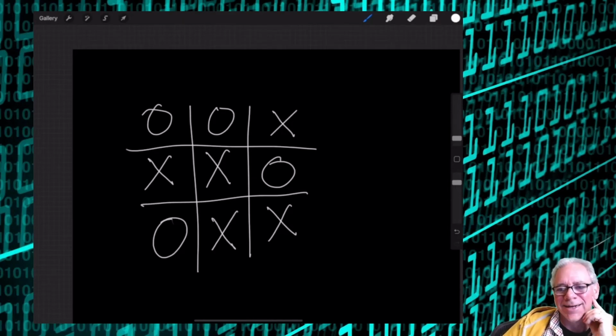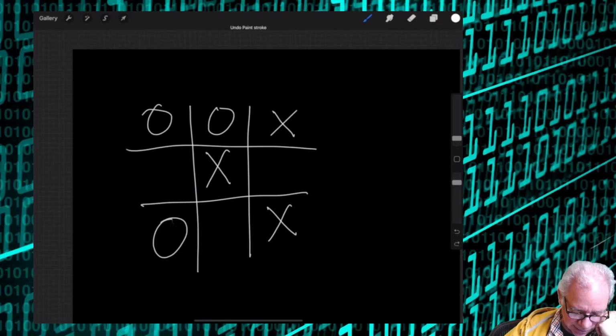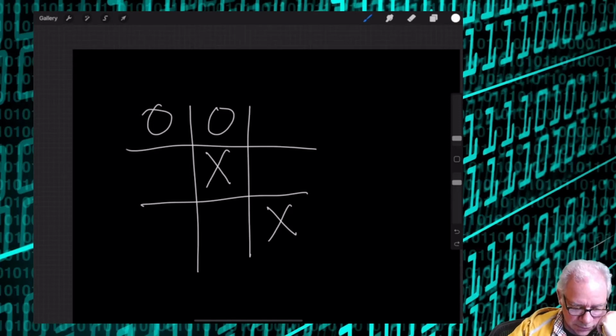So there's several places where it was definitely obvious that X did not make the best move. So let's see, where was the first place where X was not making the best move? That was a good move right here when X moved there. So that's X number 3.